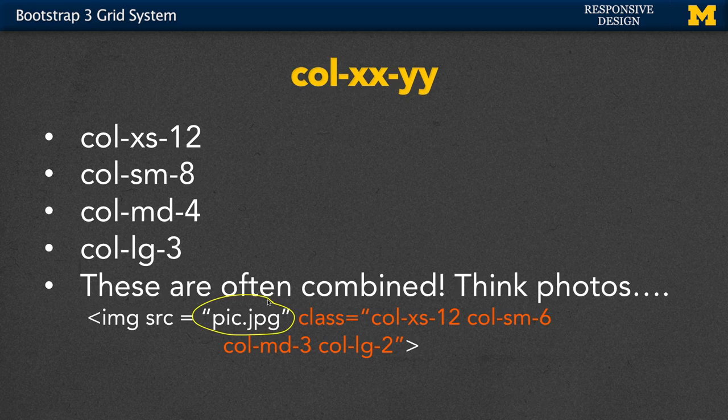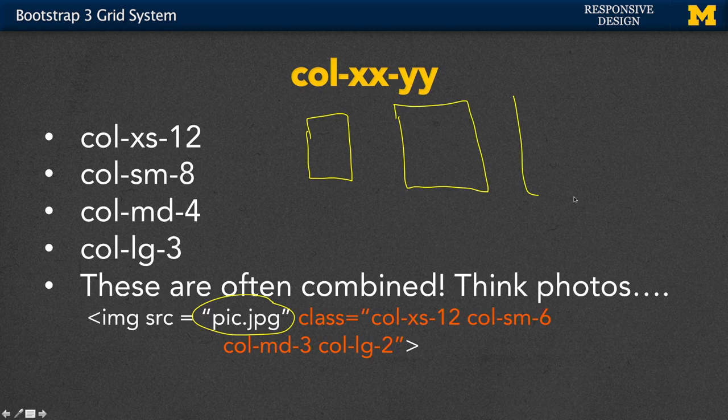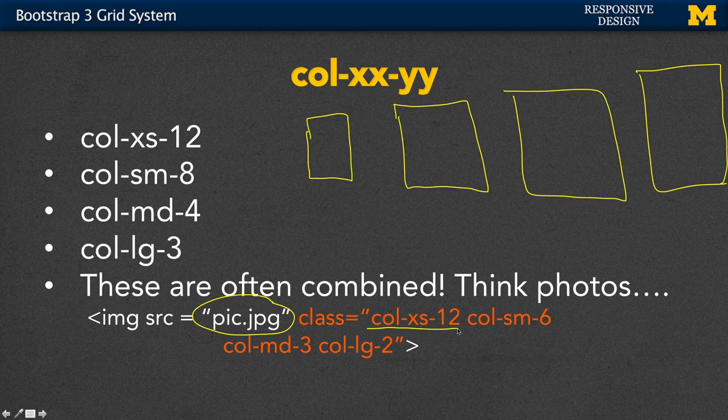And then we have our 4 screen sizes. So I might have my extra small, my small, my medium, and it's not quite going to look larger, but my large. When you look at col-xs-12, that means my image should take up pretty much the whole width. But if I'm showing this image on a small screen, I only want it to take up about half the size. That way, if there's other images, they can fill in next to me instead of under me.